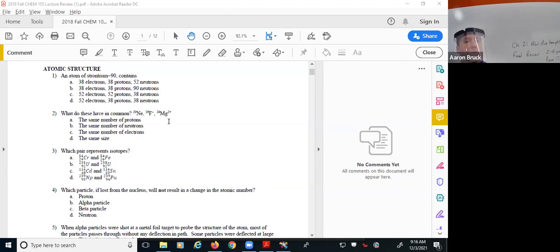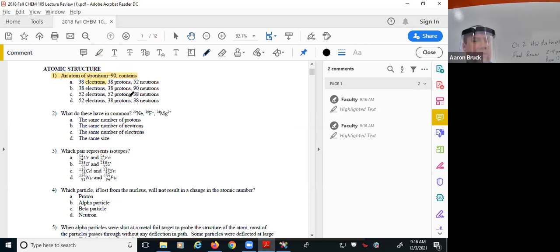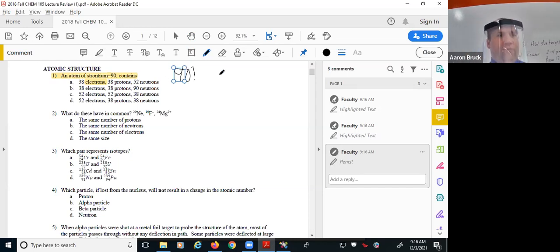So when we describe, for example, an atom of strontium-90, what do we mean when we see that 90 there? What does that 90 refer to?